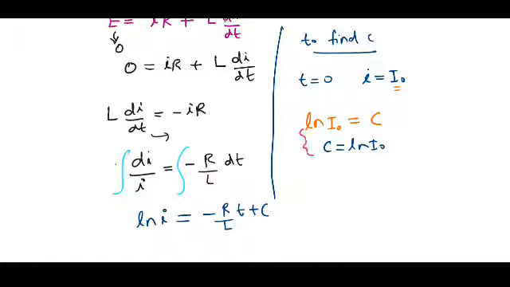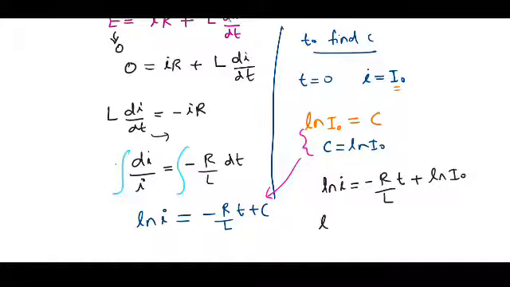Again, substitute this value into the expression. The final expression is natural log I is equal to minus R by L t plus natural log I0.